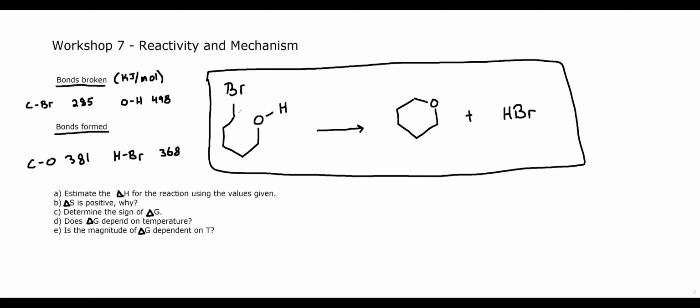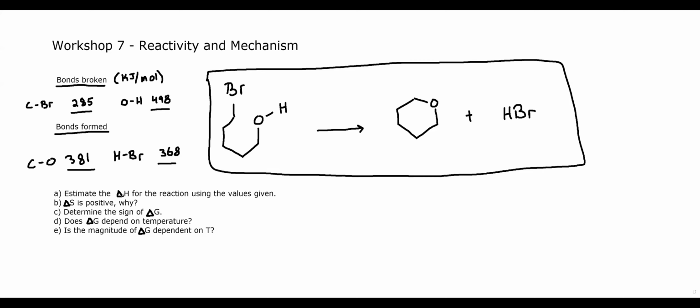The CBr bond we're breaking, this is about 285 kilojoules per mole. The OH bond is about 498 kilojoules per mole. We're forming a CO bond in the ring system. That's 381. And we're also forming HBr as a byproduct. The HBr bond is also being formed. That's 368 kilojoules per mole.